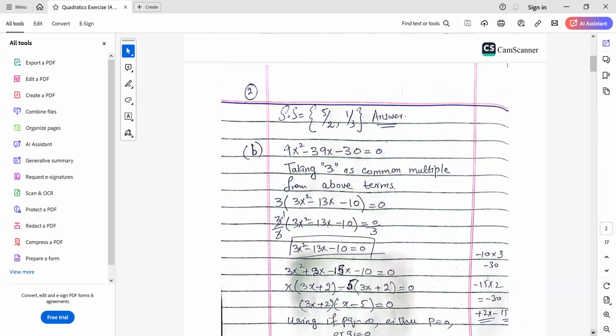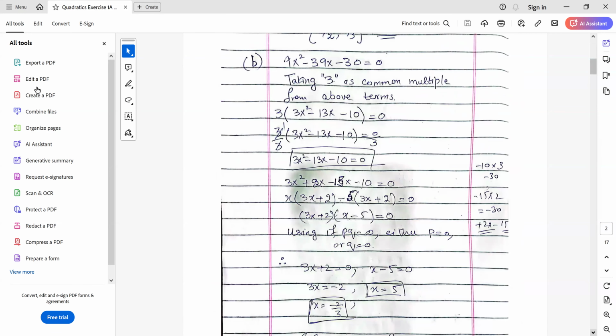Now we will move to our next example, B part. This is example B. This is the given equation, and we can take three common here.